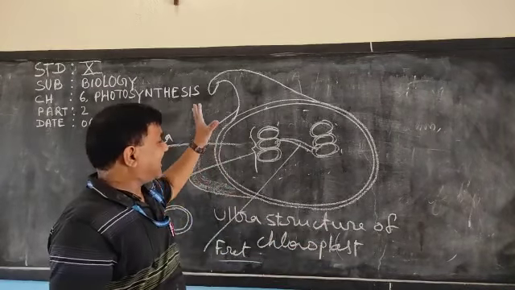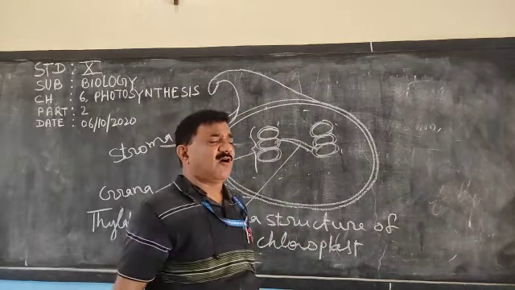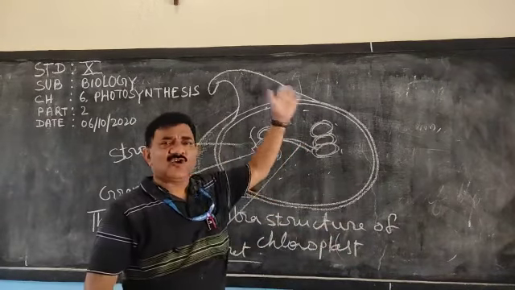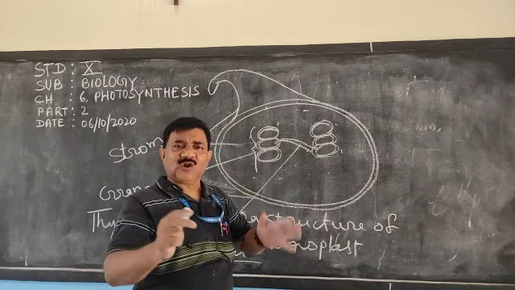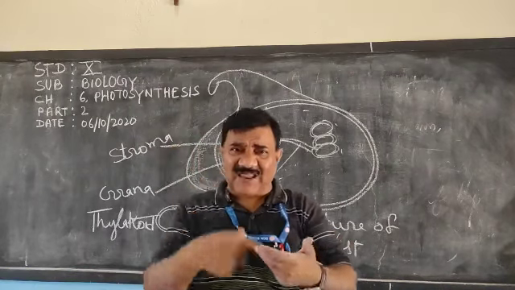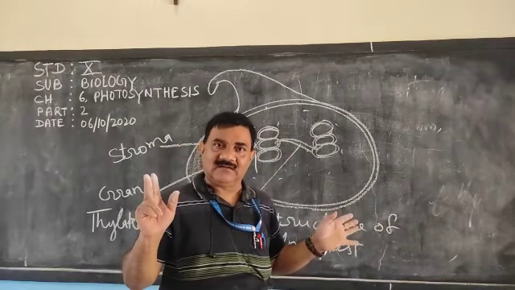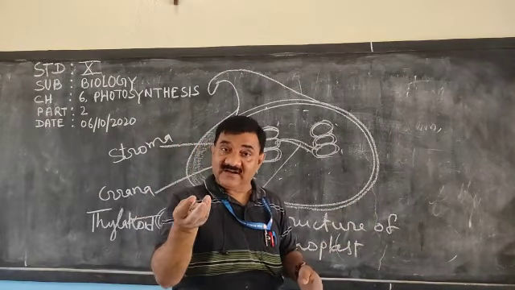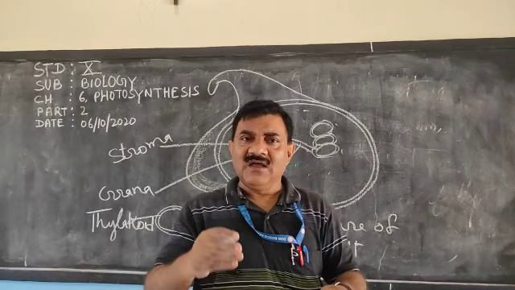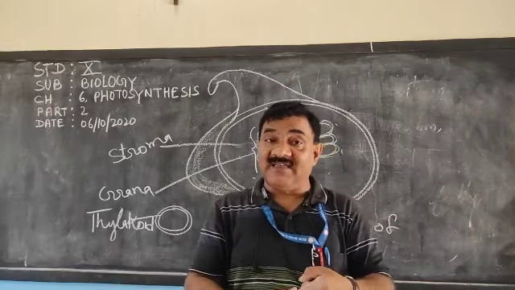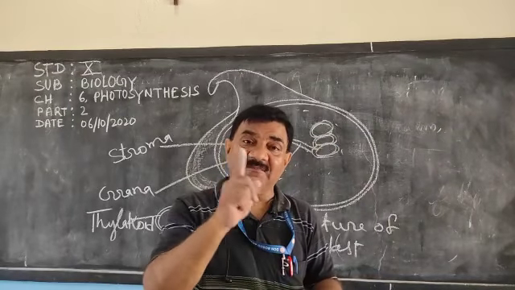Now we have understood the location of the chlorophyll. What is the location of chloroplast? It is located in all the green parts of the plant. Naturally in the leaves, between the upper epidermis and lower epidermis, in the palisade and spongy mesophyll cells.